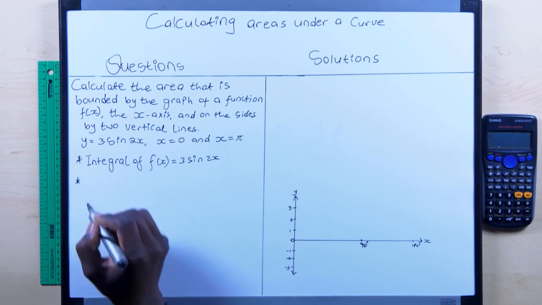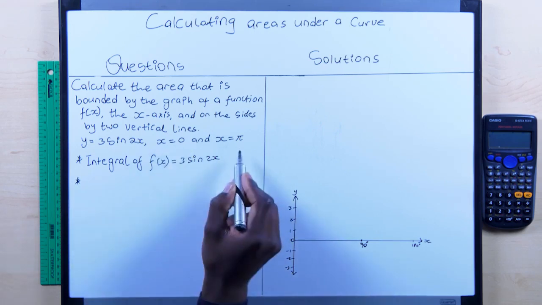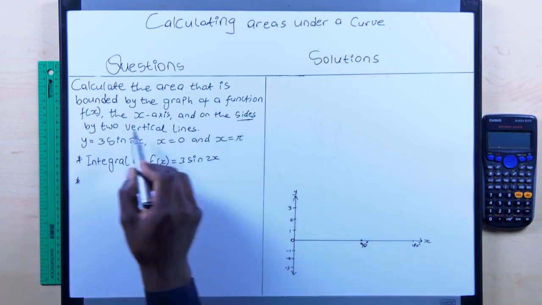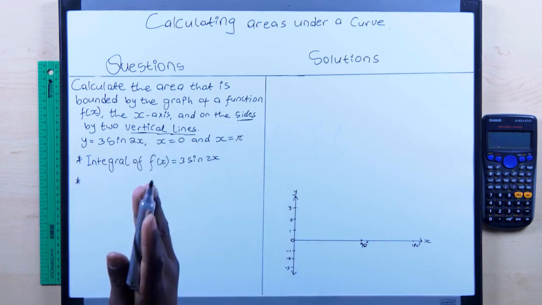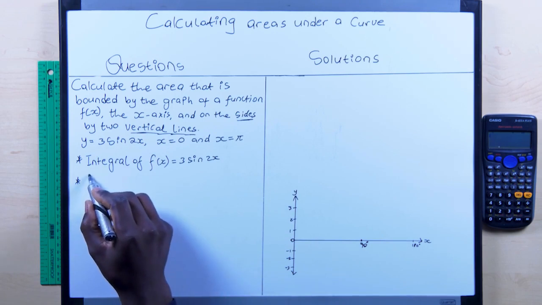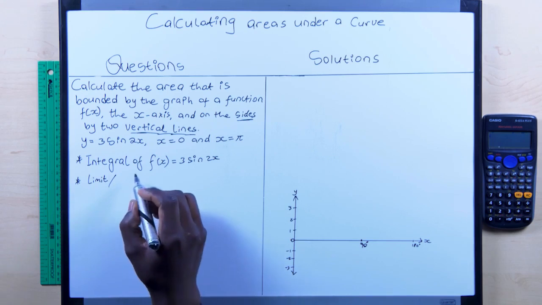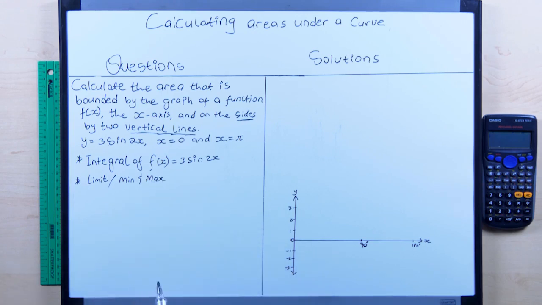The second thing we need to note from this question is that we have some minimum and maximum. So these are your side vertical lines. So these are the lines cutting on the x-axis. So we must note of our limits or minimum as well as maximum values.